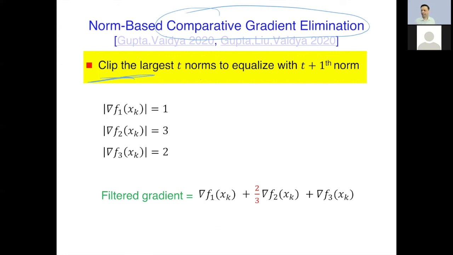You could say any gradient whose length is larger than 5 becomes length 5, and the 5 is just a constant parameter that we chose for the algorithm. Here, how much we are clipping the largest gradients depends on the length of the other vectors. So it's in comparison to the other vectors. And that's why it's called comparative gradient elimination.